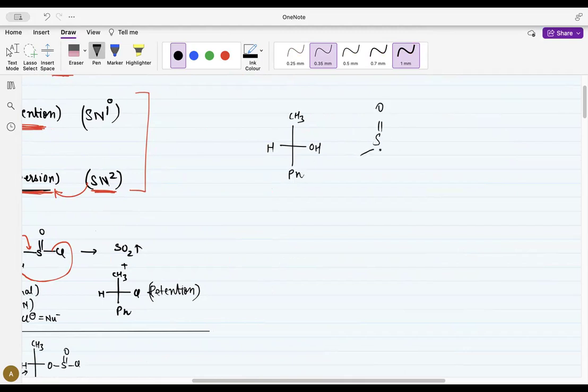This OH will act as a nucleophilic center; it will attack the electrophilic center, the sulfur delta positive, with oxygen delta negative. Electrons will attack at positive centers. So having attacked the positive center, this double bond will shift towards oxygen.